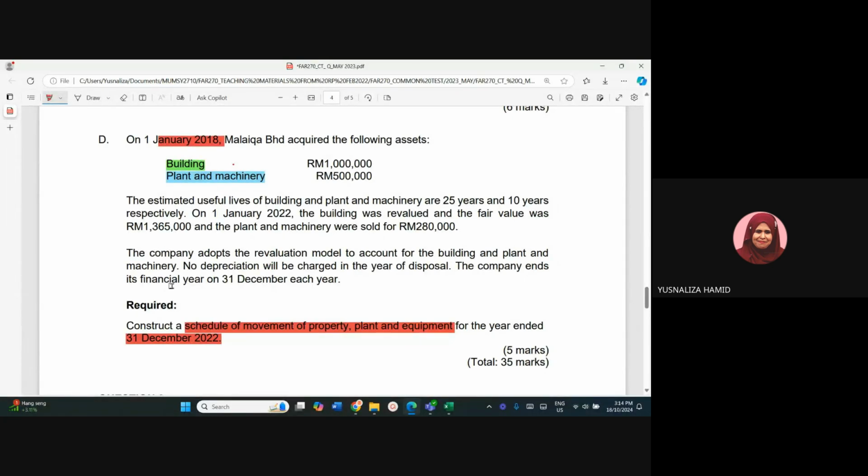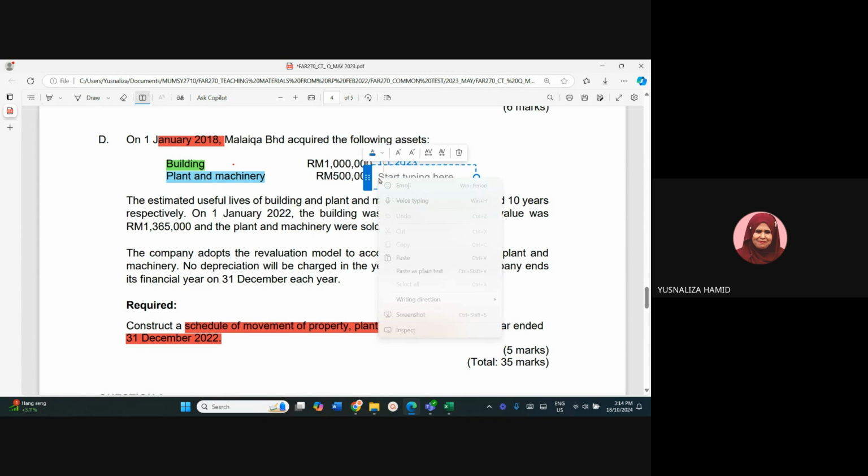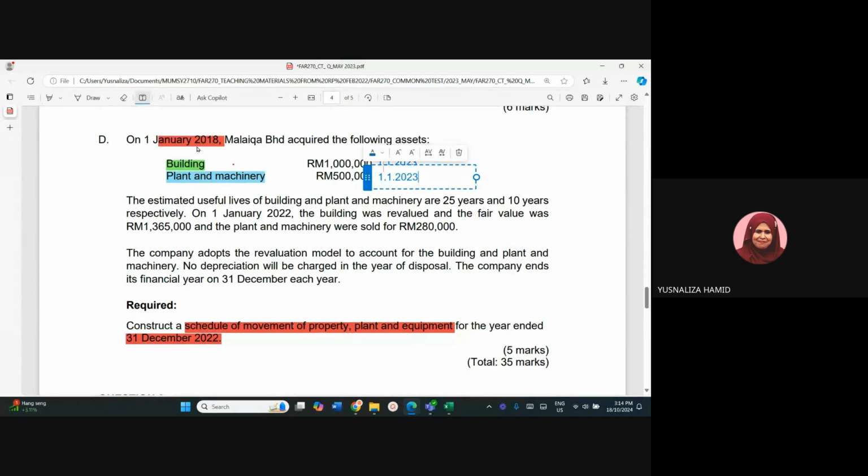However, on 1st of January 2022, the beginning of the current year, the cost of the assets still remains the same because there are no changes between 2018 up until 1st January 2022. So this building of 1 million is also the one that you will show as at 1st of January 2022. It should be the same for these 2 items here. So the cost on this date is the same as per January 2018.